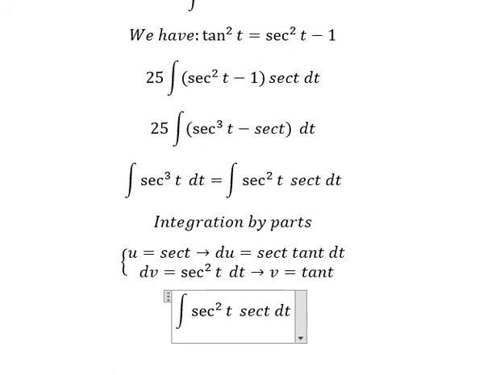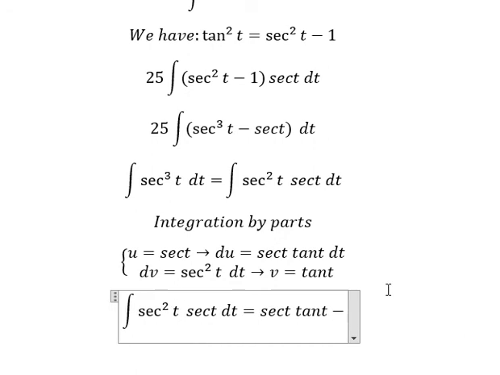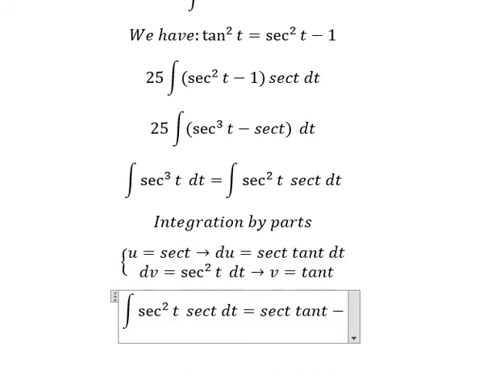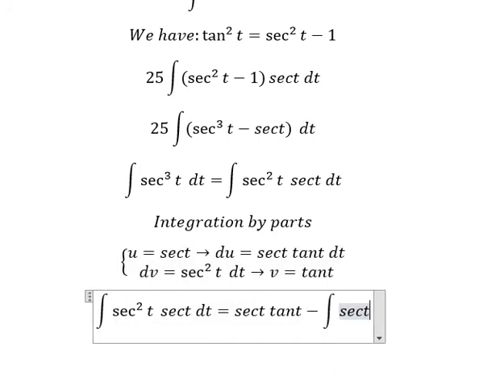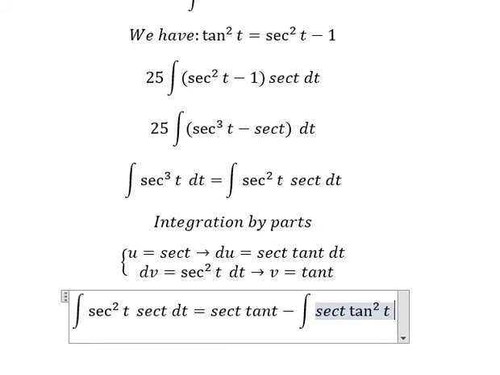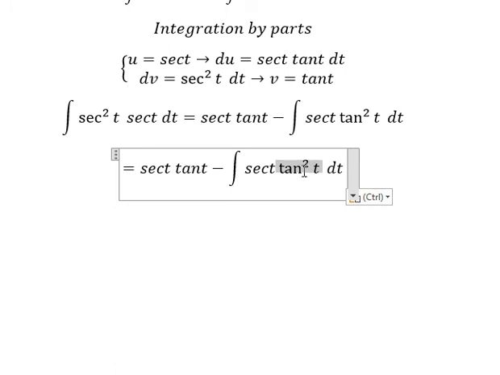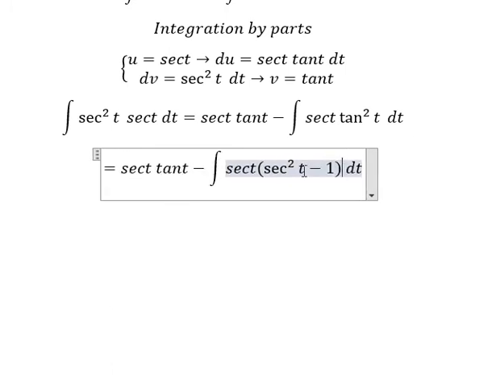So we have u multiplied by v, and that is secant of t tan t minus the integration of v du. So we have the integration secant of t tan t square dt. And now this one we change to secant of t square minus 1.